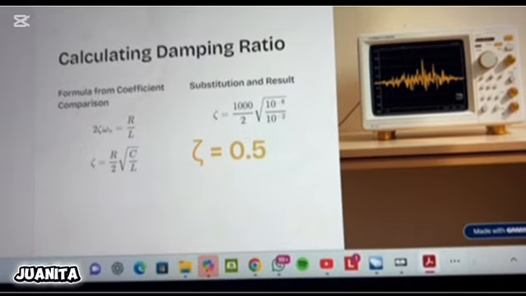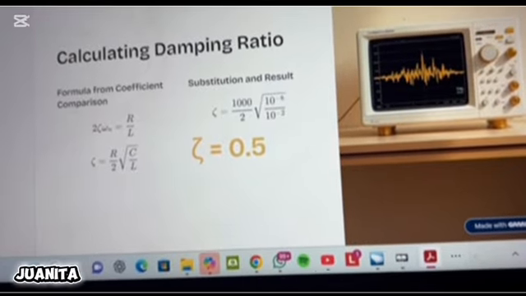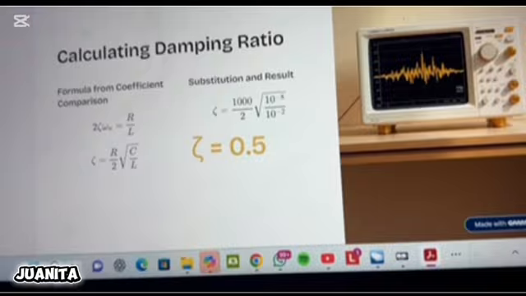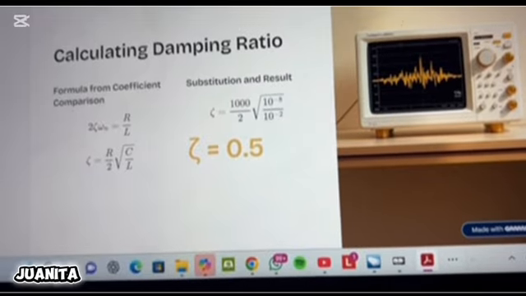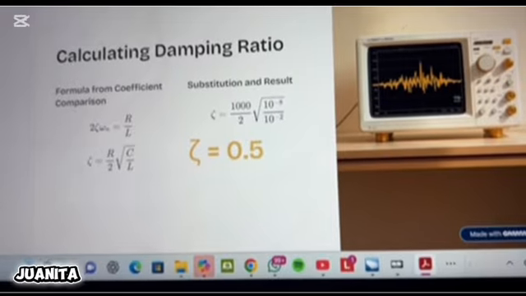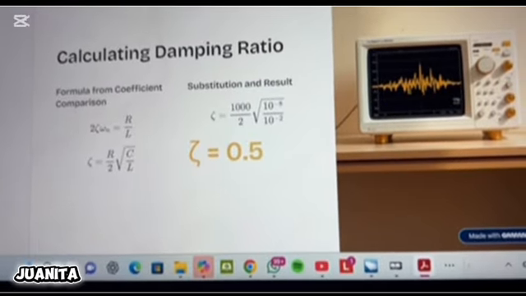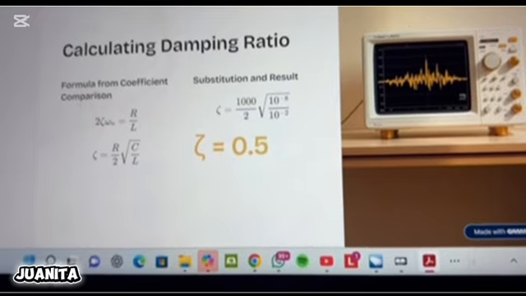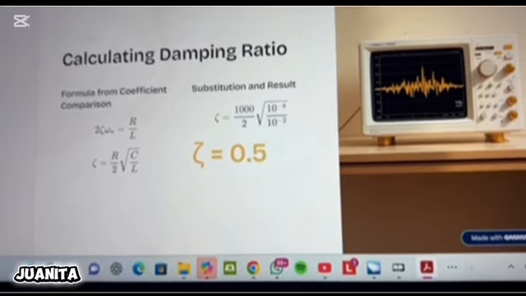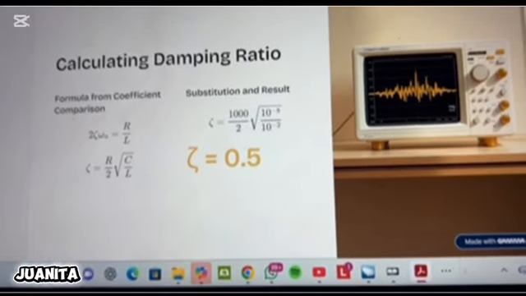The formula is zeta equal to the resistance divided by 2 times the square root of the inductance over the capacitance. After substituting the given values, including the resistance, which is 1 kilo ohms, we obtain the damping ratio zeta of 0.5.